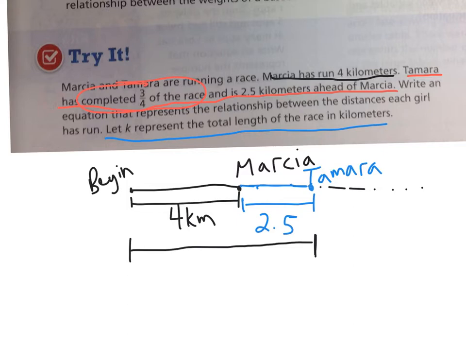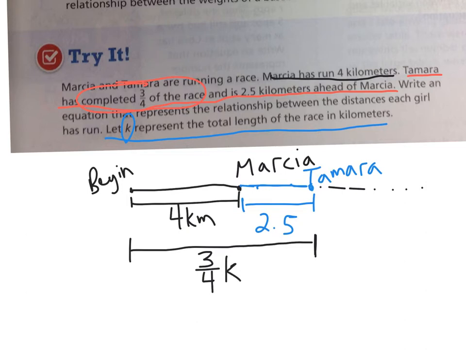And also K is representing the total length of the race. So 3/4 of the race, there's that keyword indicating that we're going to be multiplying. So to represent how far Tamara's gone, that would be 3/4 of K, or 3/4 times K.